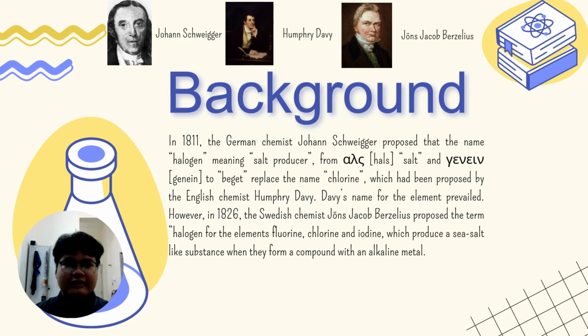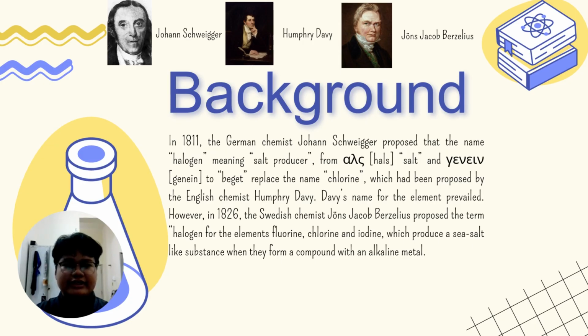For the background of the halogen group, in 1811, the German chemist Johann Schweigger proposed the name halogen, meaning salt producer, from hals, salt, and genes, to replace the name chlorine, which had been proposed by the English chemist Humphry Davy.